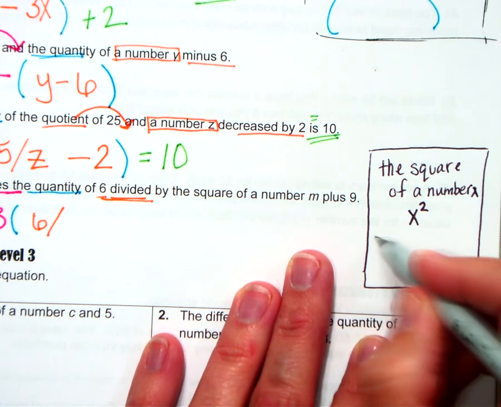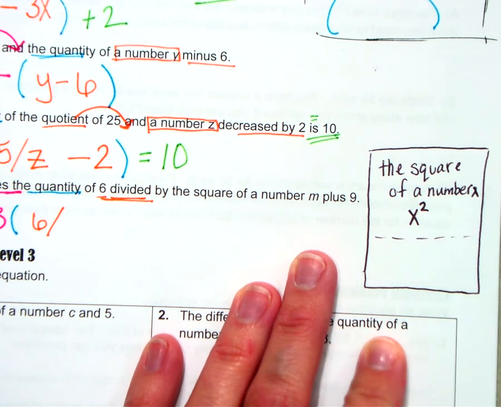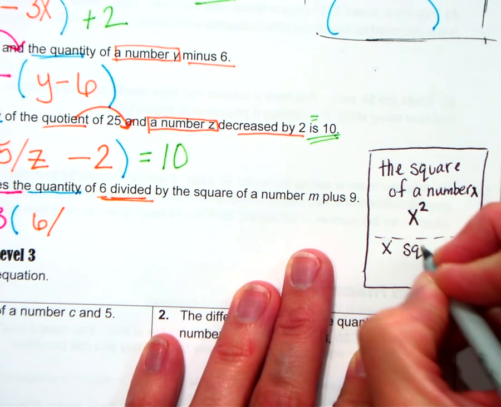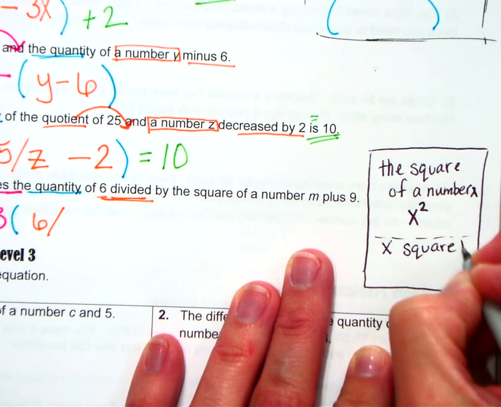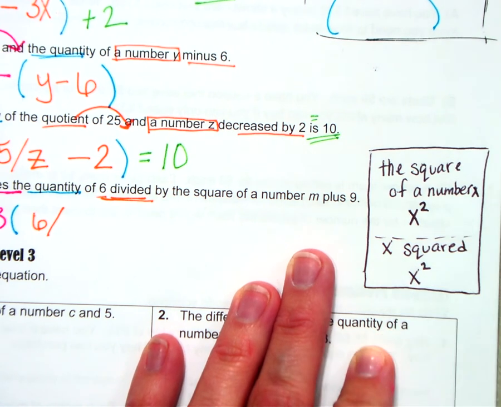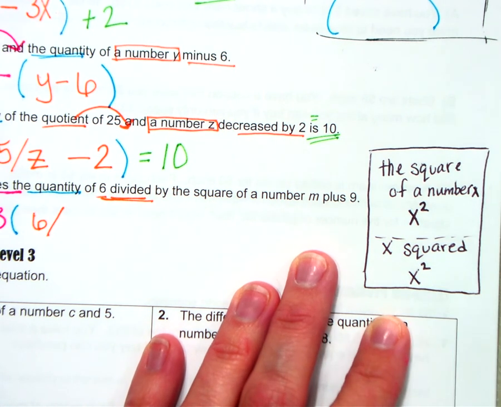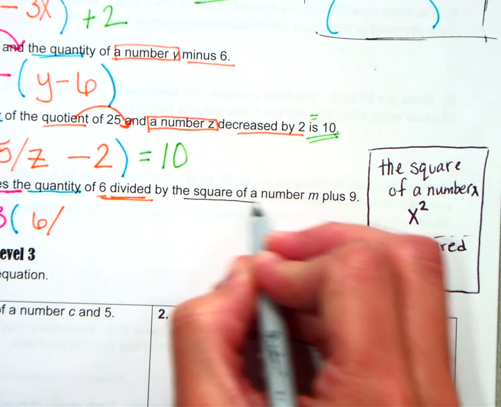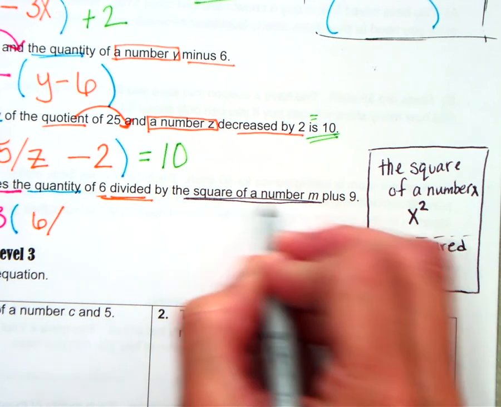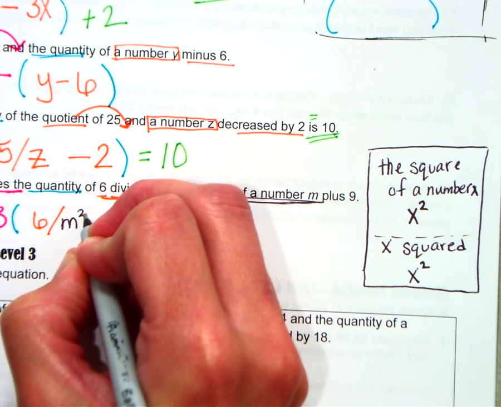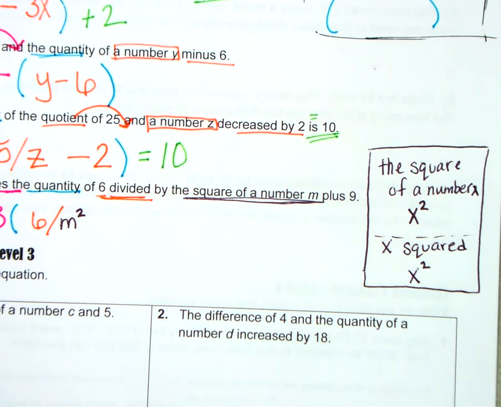Okay, or here's another way to say that. Just come out and say it. x squared would also get you to write that. Okay, so when it says 6 divided by the square of m, kind of backwards how it's written, but there it is, the square of m.